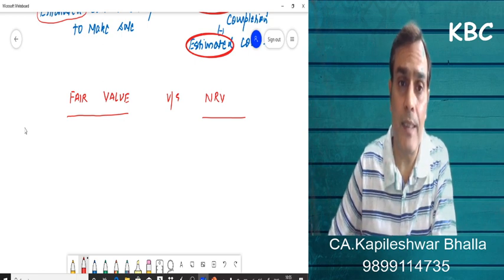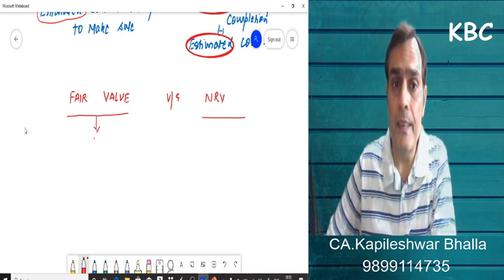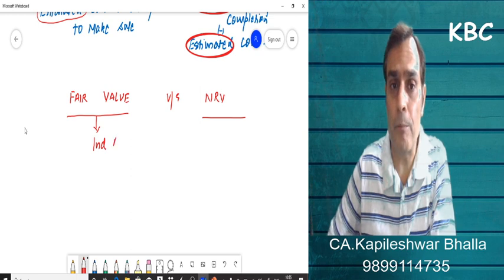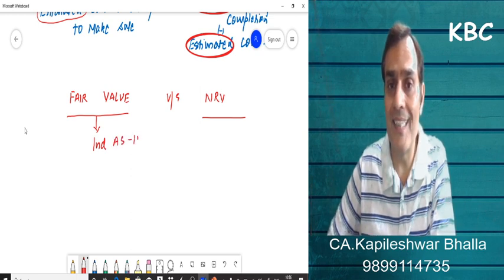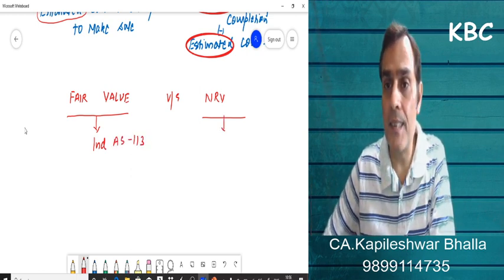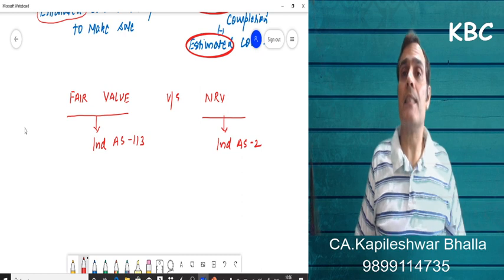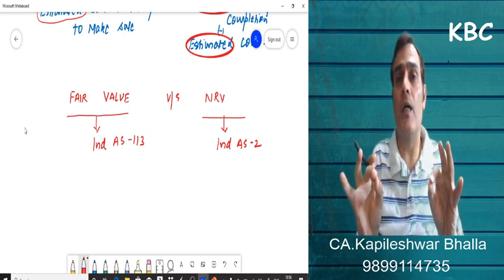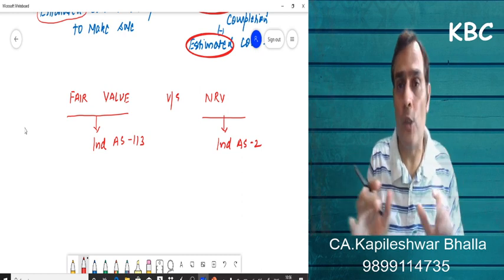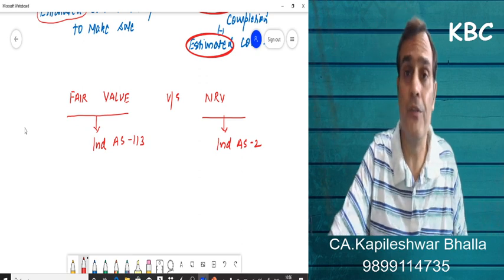When I look at the concept of fair value, it is based on Ind AS 113. And the concept of NRV is what we are discussing in Ind AS 2. At the first instance, let me tell you that these are two different concepts altogether. Now, what is the difference?